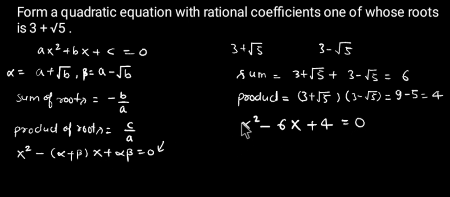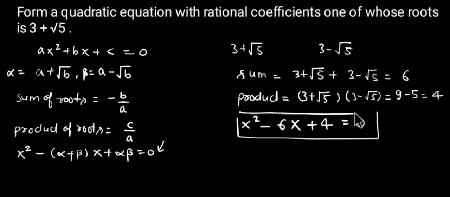Now you can see that this is a quadratic equation and this is the required quadratic equation, which has one root as 3 plus root 5. And we were asked to find a quadratic equation with rational coefficients, and you can see the coefficient of x and the coefficient of x square.